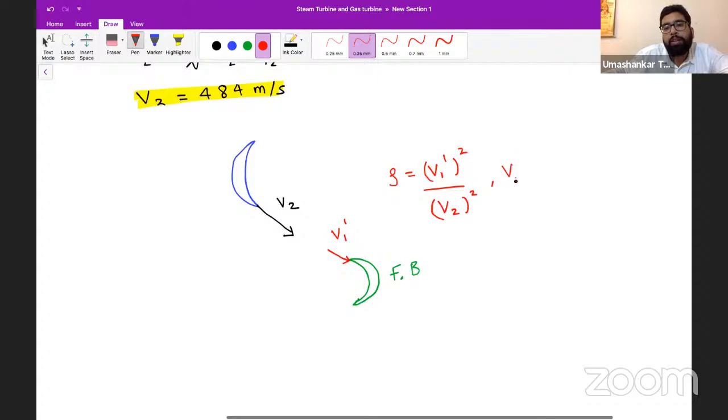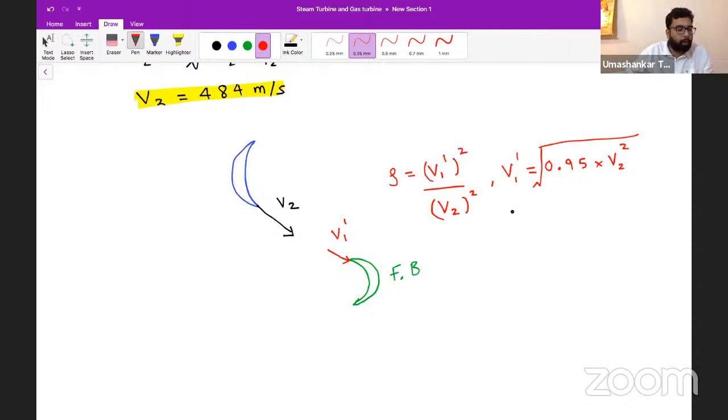So v1 dash square will come out to be, rho we have as 0.95, equal to v2 square by 2, and we can apply under root over here. Can you calculate it for me? What is this v1 dash?